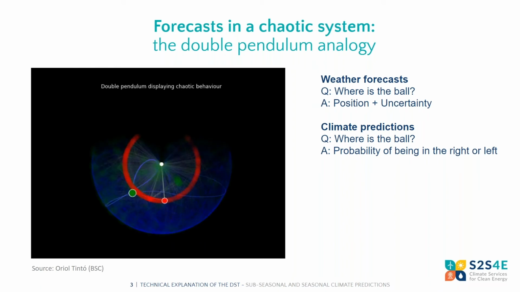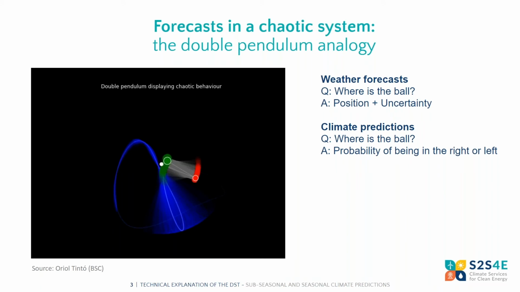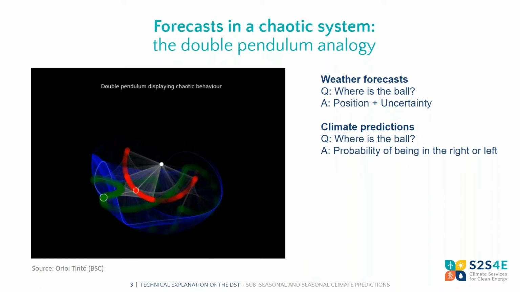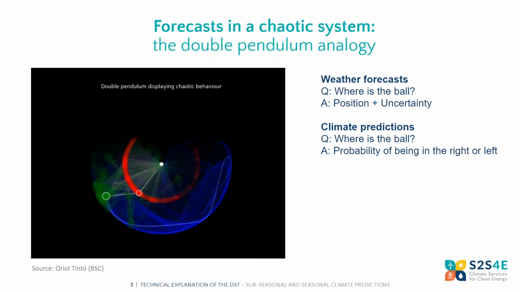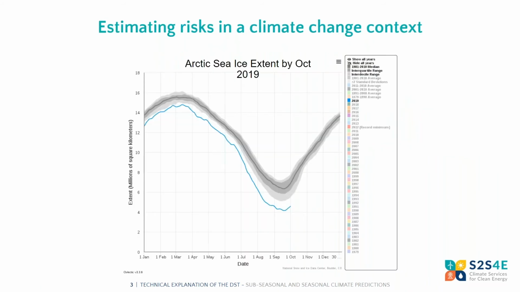The climate prediction answer to the question of where is the ball would be not the position of the ball, but the probabilities that the ball is on the right side or on the left side. That's a little bit the analogy with what you will find in the DST, the probabilities of being above or below normal conditions.